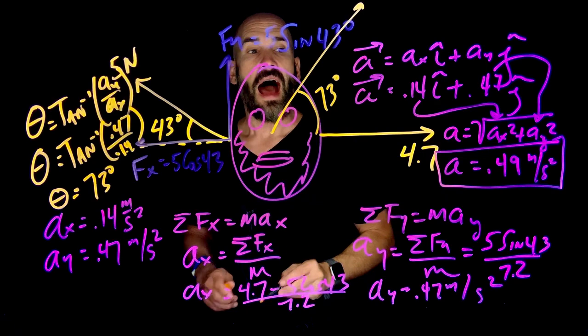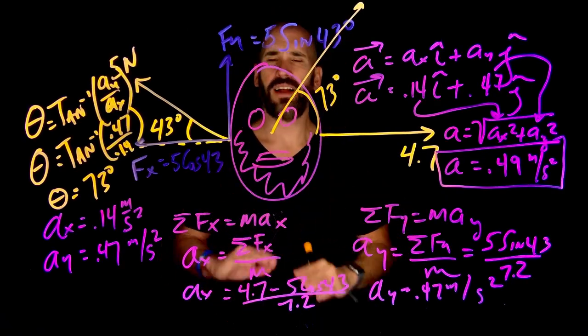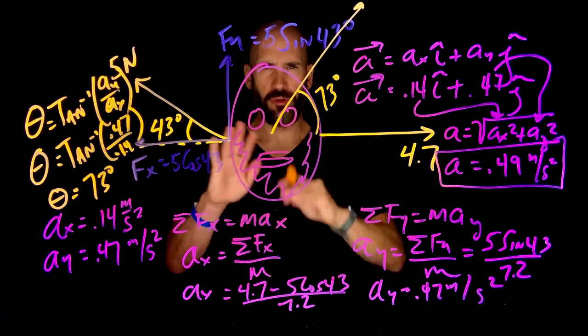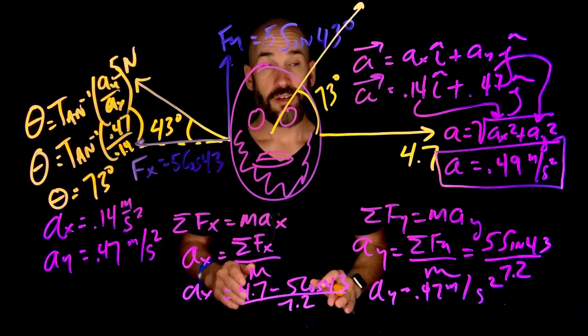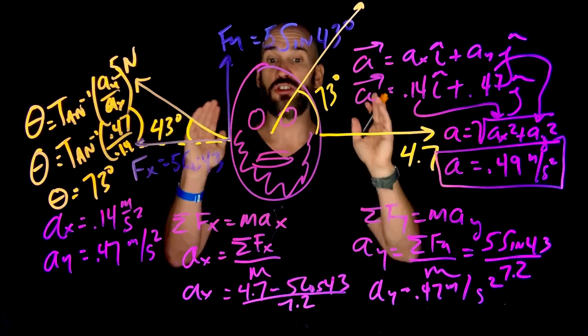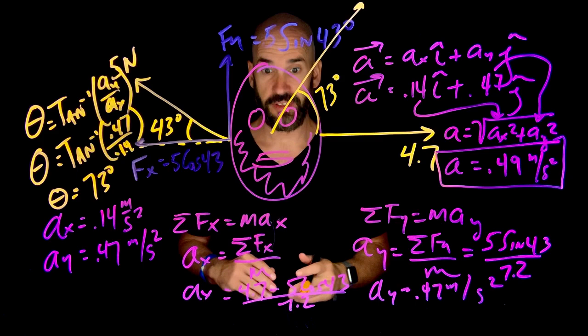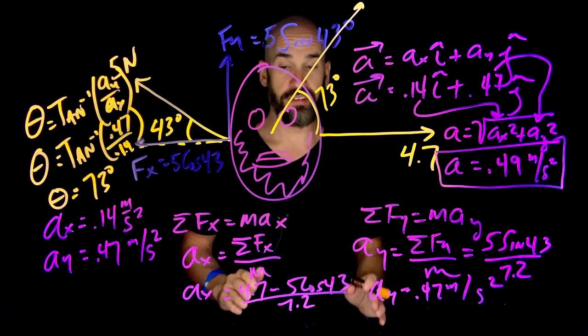Obviously, this is a silly example. I was just trying to be a little bit entertaining with this whole bully situation. But the bottom line is acceleration can be found just as easily as forces from this Newton's second law analysis.